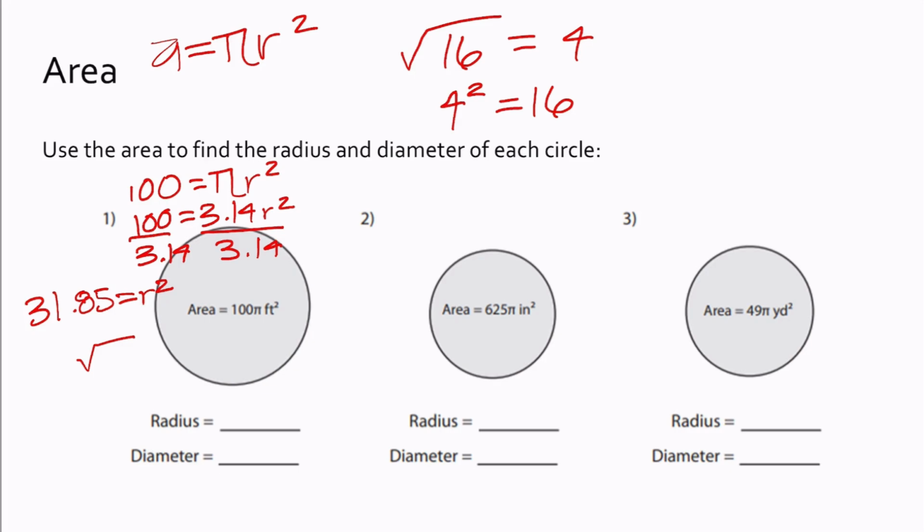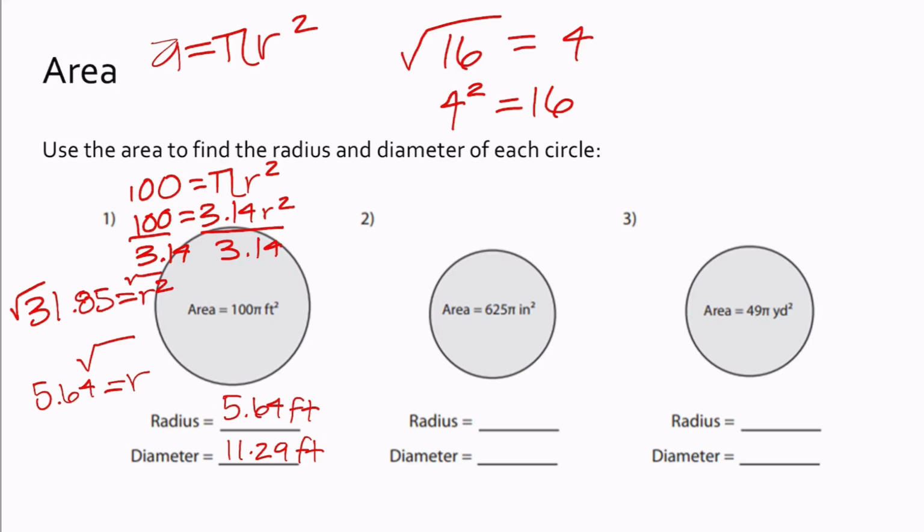So that's how that relationship works. So we're going to take the square root. Again, because we're doing it on one side, we have to do it on both sides. So we're going to take the square root of both sides, where we get our radius is 5.64. So our radius is going to be 5.64 feet. And then our diameter is double that. Remember, so our diameter is going to be 11.29 feet if I'm rounding.